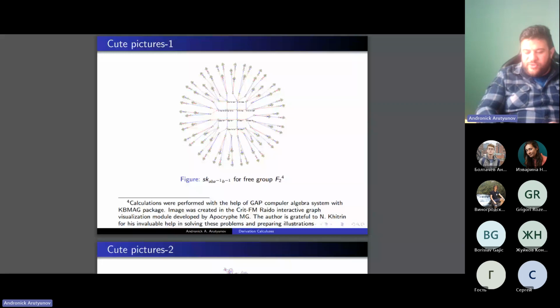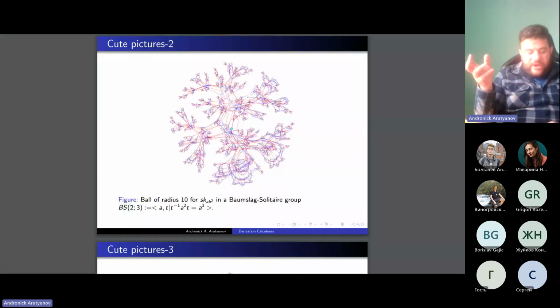So, some pictures. This is a little bit of a geometrical talk, so it's not very usual here, but I have pictures. This is part of the conjugacy diagram for a free group of rank 2. This is part of this diagram for the Baumslag solitar group.